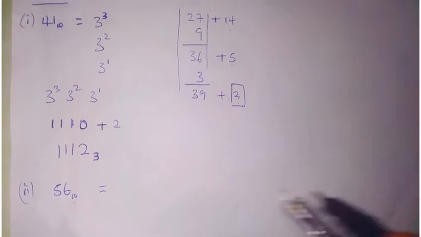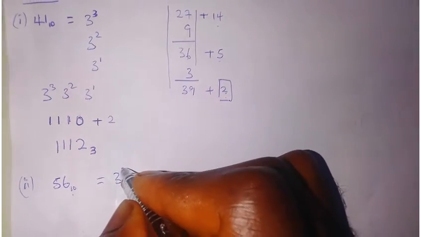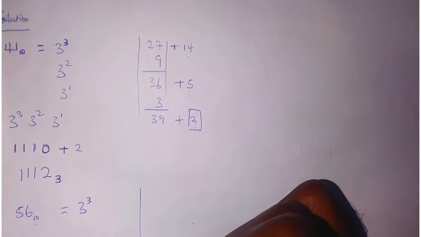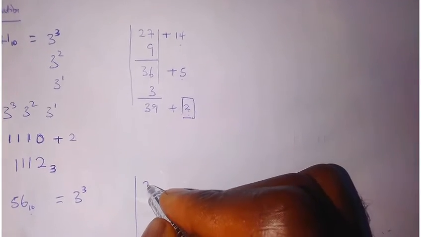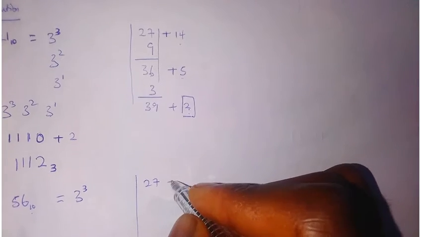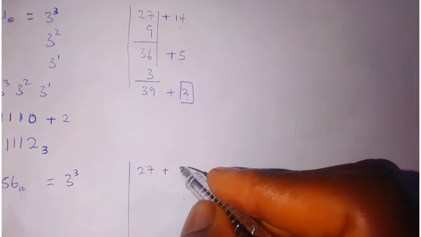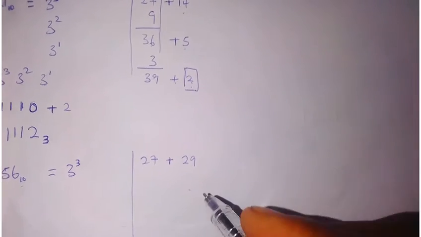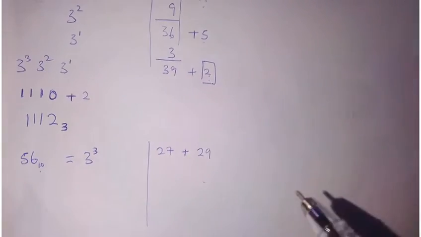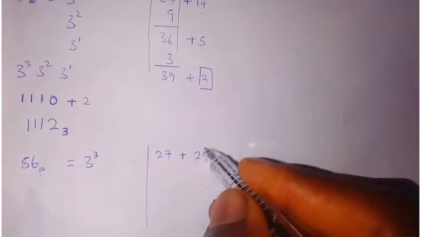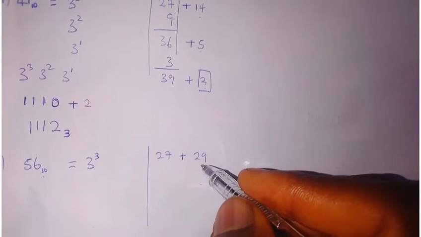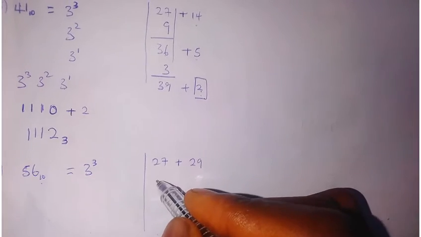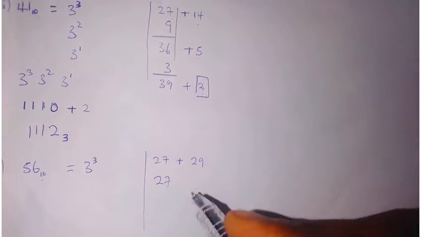That is already more than 56, so I'll still be using 3 raised to power 3. 27 plus 29 should give me 56. But from this 29, I can still get another 27. I can still get another 3 raised to power 3.